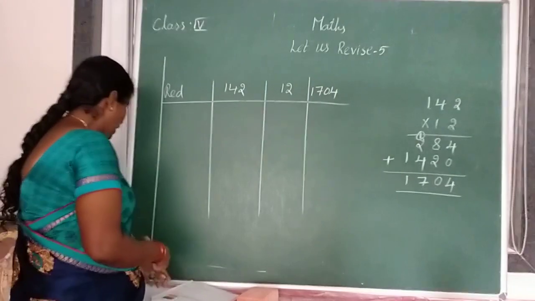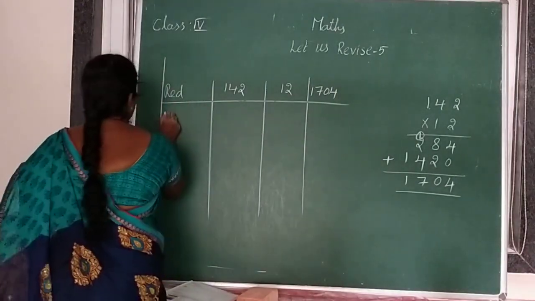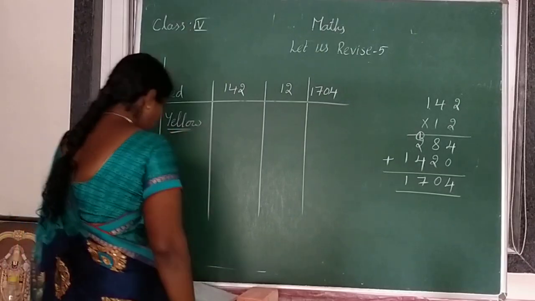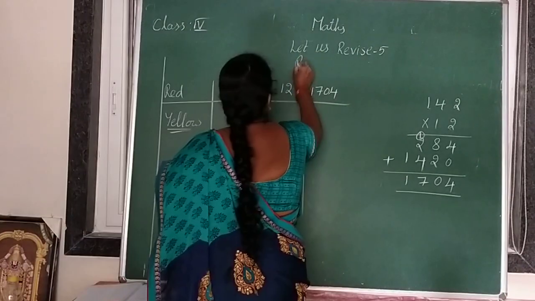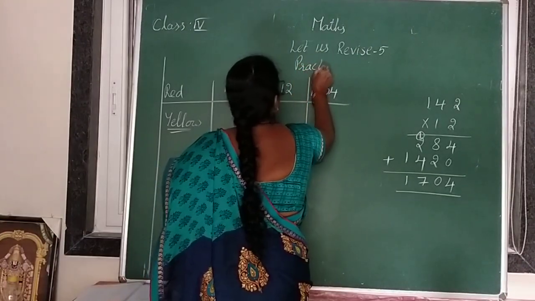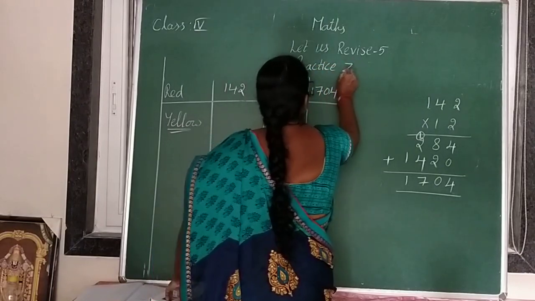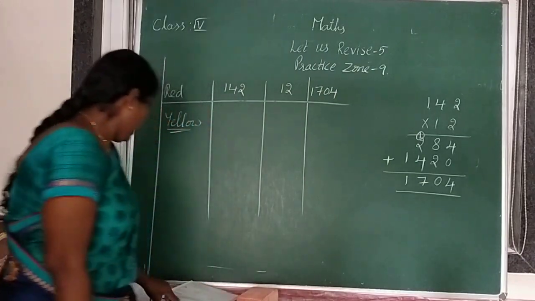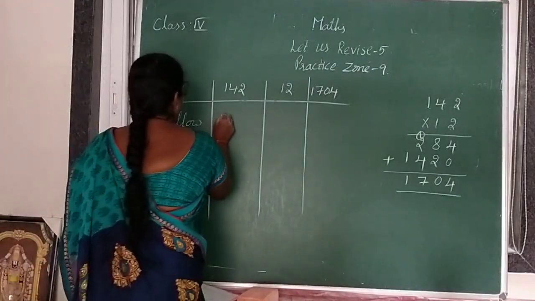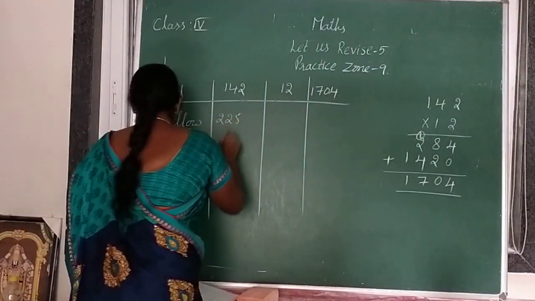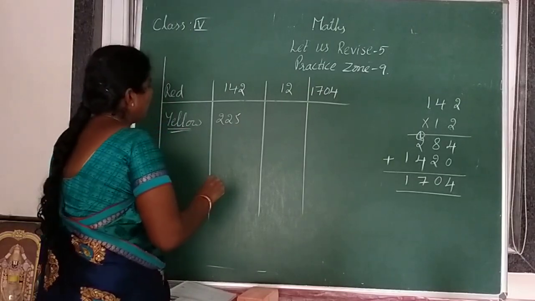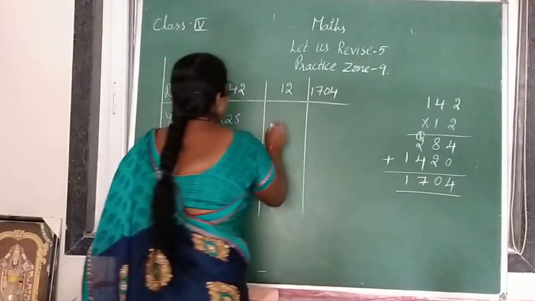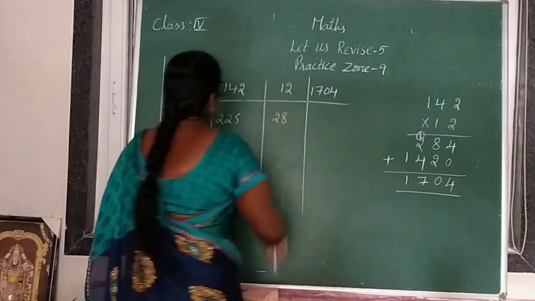Okay children, next one, yellow color. This is practice on 9. I forgot to write the exercise number. Practice on 9, yellow color. 225 pencils are there in each box, and there are 28 boxes.